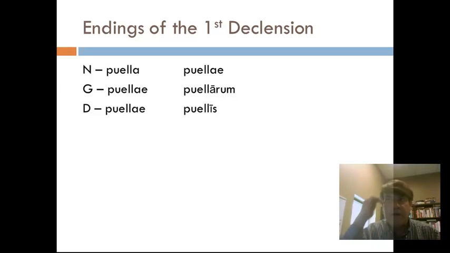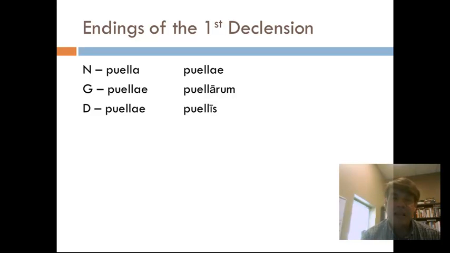Then for whether it's genitive or dative, you're going to have to feel whether this works better with an of in front of it, or with a to in front of it. So am I giving the book to a girl? In that case, puellae is going to be dative singular. Or is this the book of a girl? Then it's going to be puellae, of a girl, genitive. Context is going to have to determine.